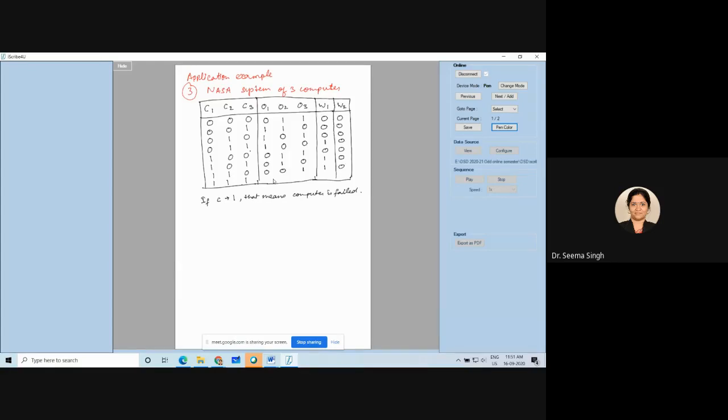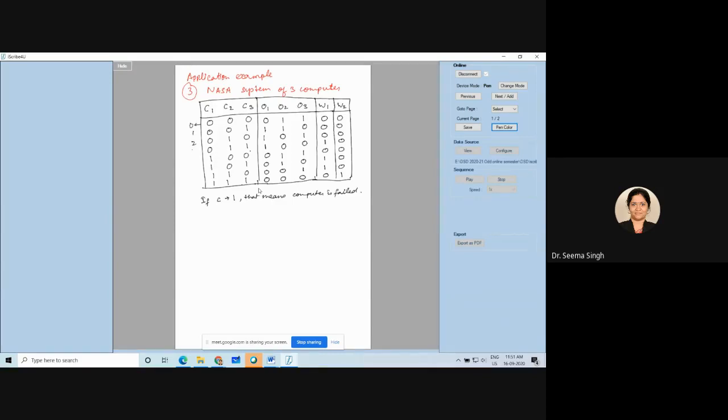And not serious warning. This is the last case when all the 3 computers are not available to work, and you have a serious warning. You don't have a low level warning. You have a serious warning, right? So this is your truth table.